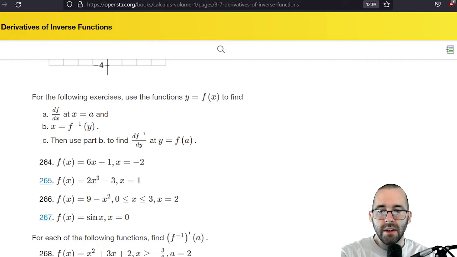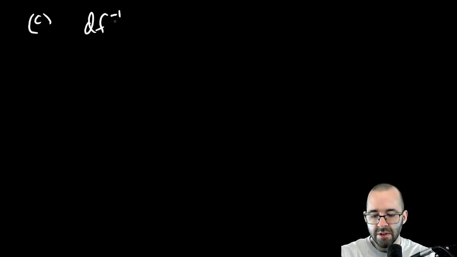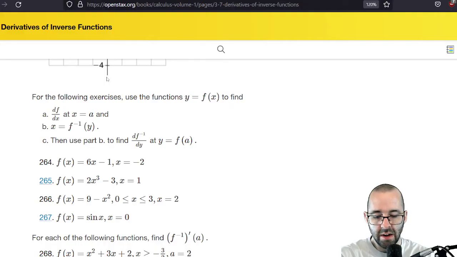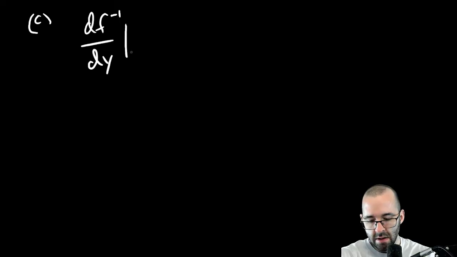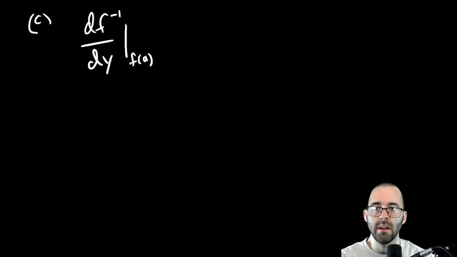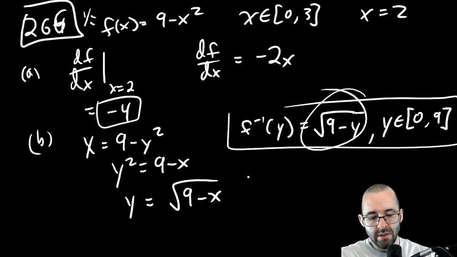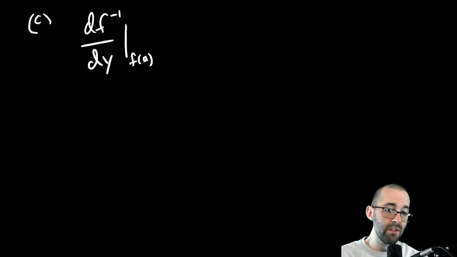All right, find the derivative of the inverse function with respect to its independent variable, which is y, evaluated at f of a. There's a couple of ways of doing this. You could just take the derivative of this inverse function. You could use the inverse function theorem.